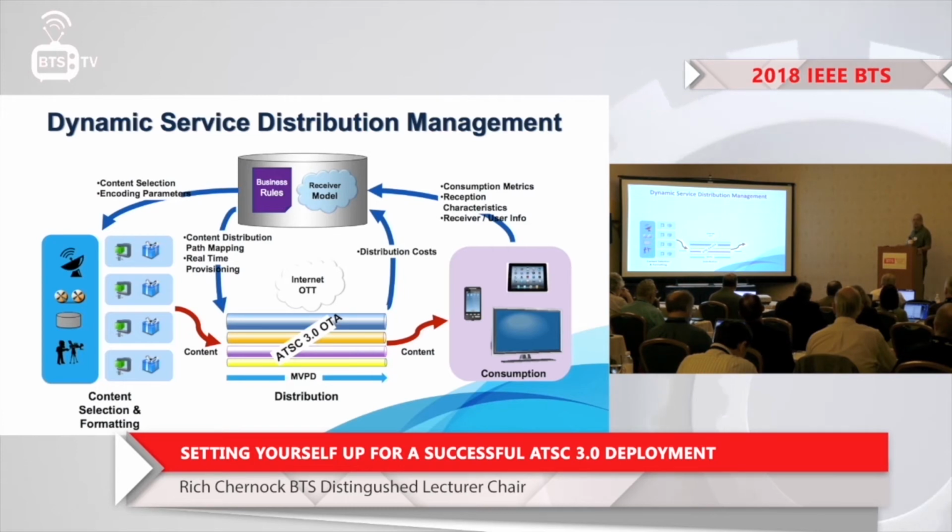So there's many ways of getting things to the home. Then people consume. So far, it's pretty much the way we've always done it. Difference now is there's a return path.